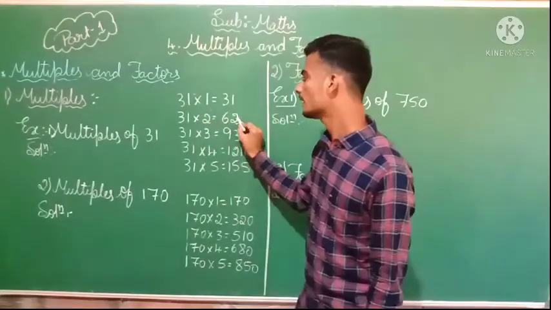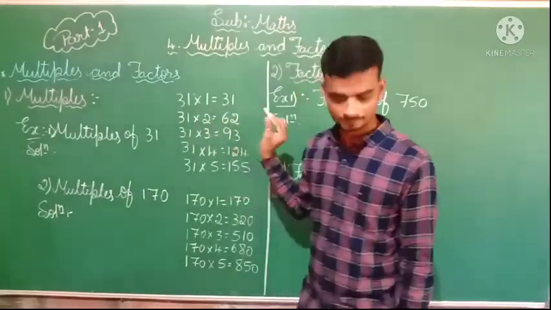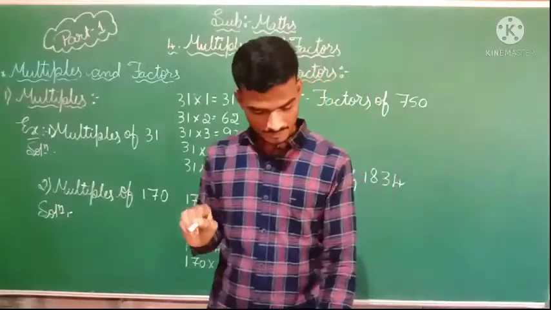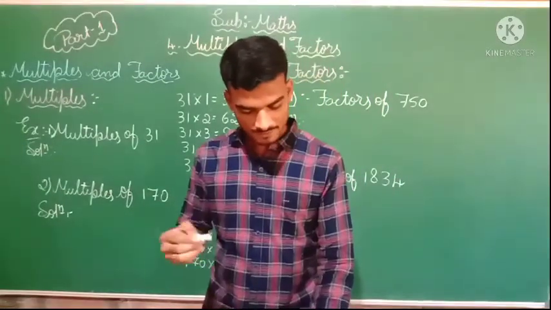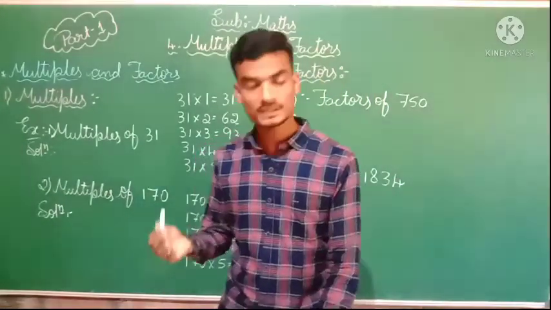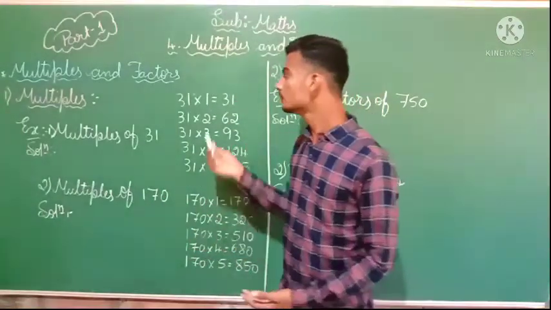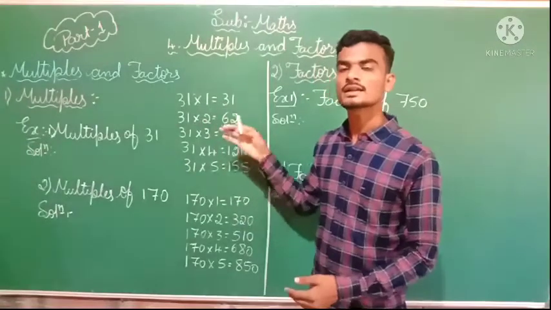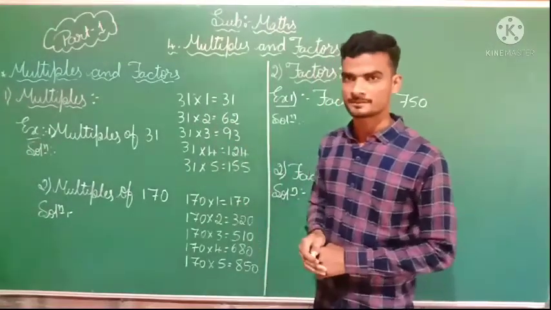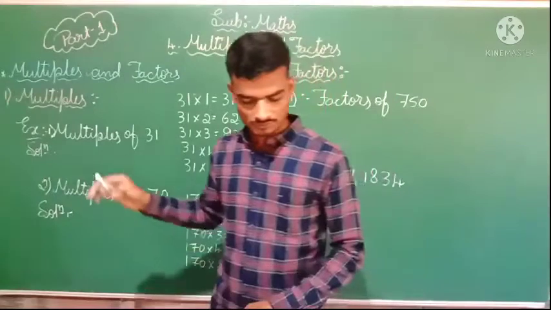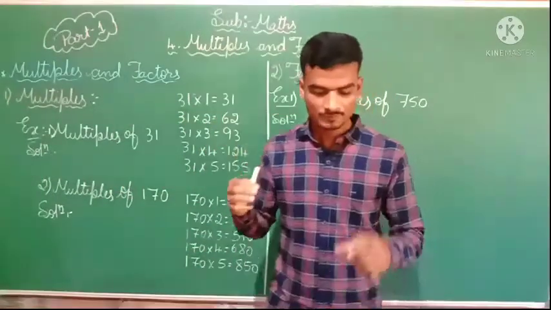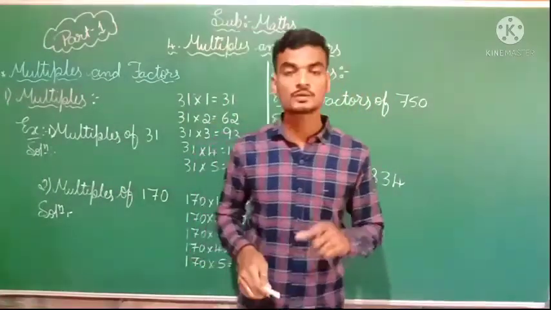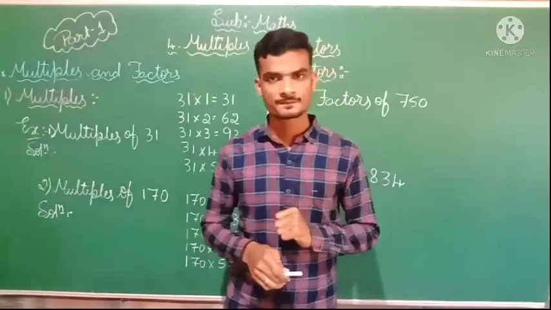This is the product, these are the multiples. Every multiple of a number is greater than or equal to the number itself. These are a few points given in your textbook regarding multiples.